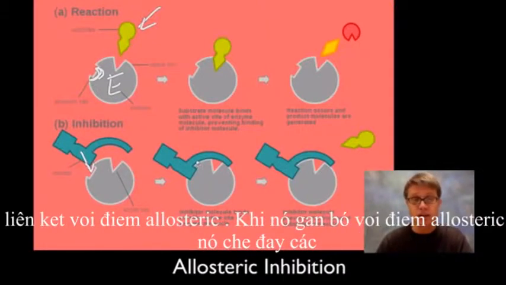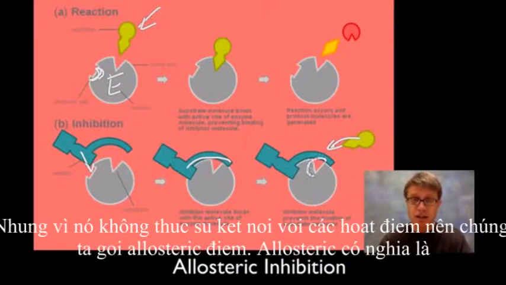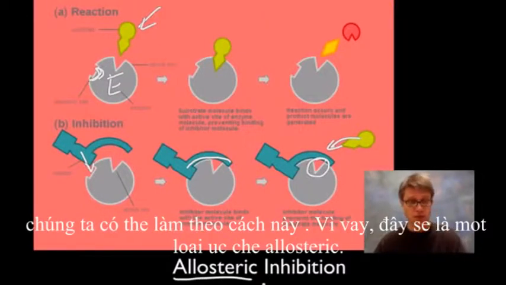When it bonds to the allosteric site, it's covering up the active site. And so now there's going to be no way that substrate can fit in. But since it's not actually bonding to the active site, we call that allosteric. Allosteric means different shape of the enzyme. So that's a type of non-competitive inhibition.